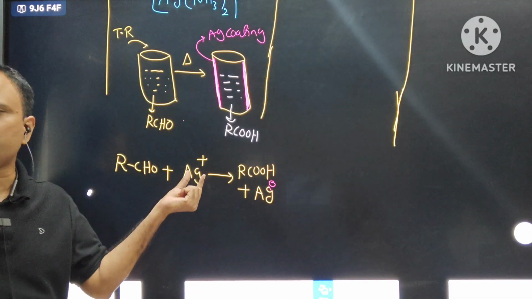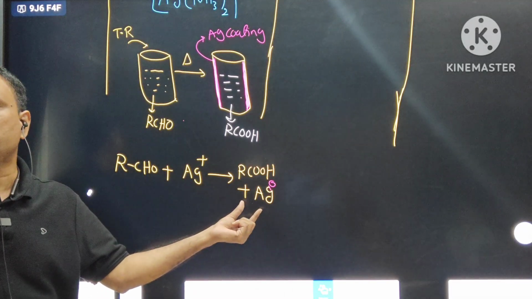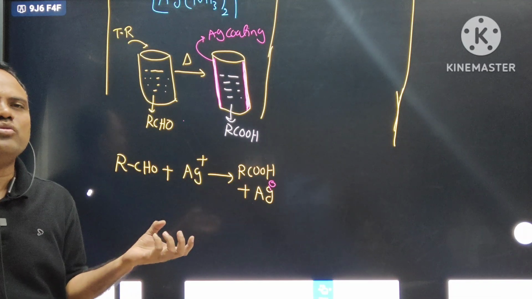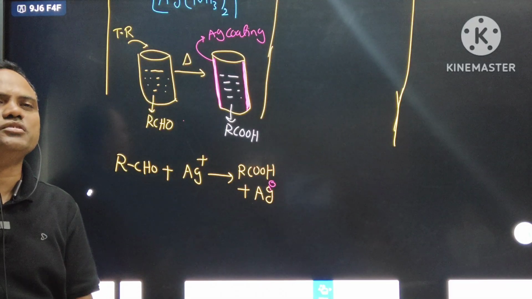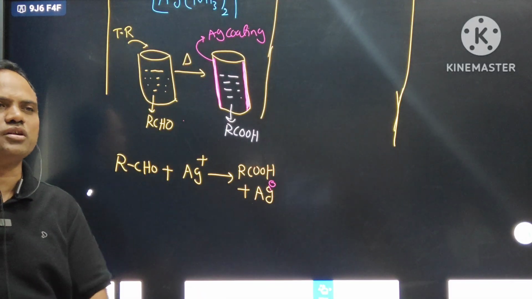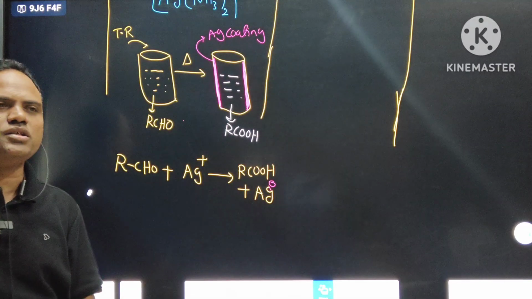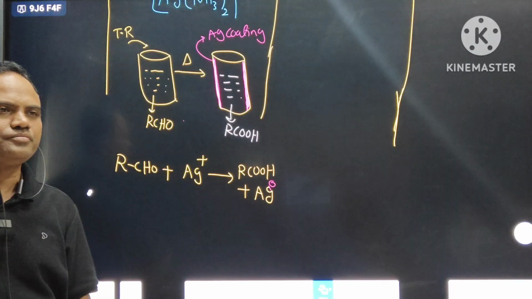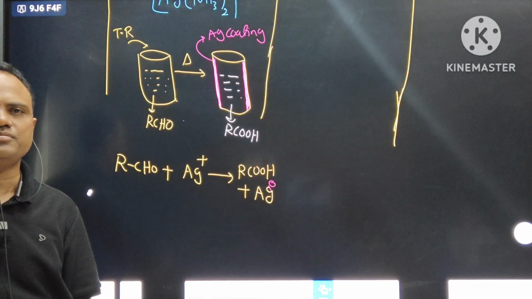Ag+ oxidation state is decreasing or not? Reduction. Ag+ is undergoing reduction. The one which undergoes reduction is called the oxidizing agent, the opposite property. Ag+ converted to Ag.